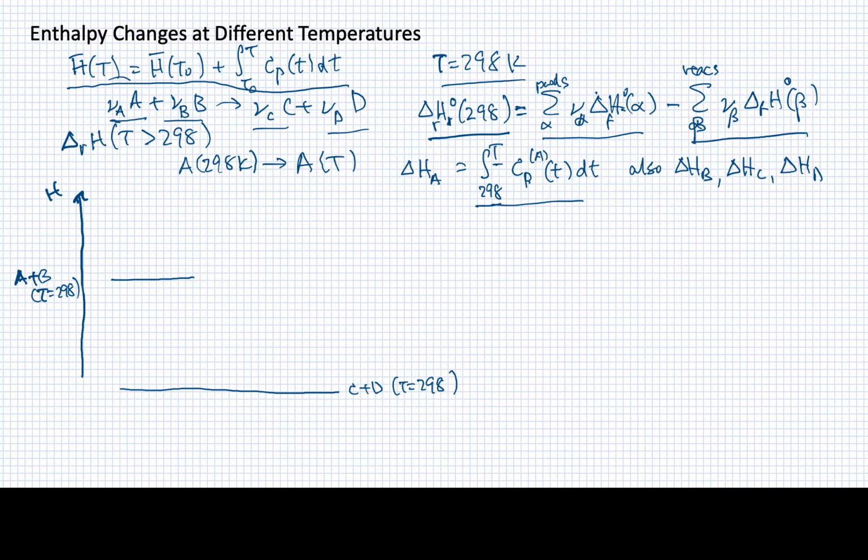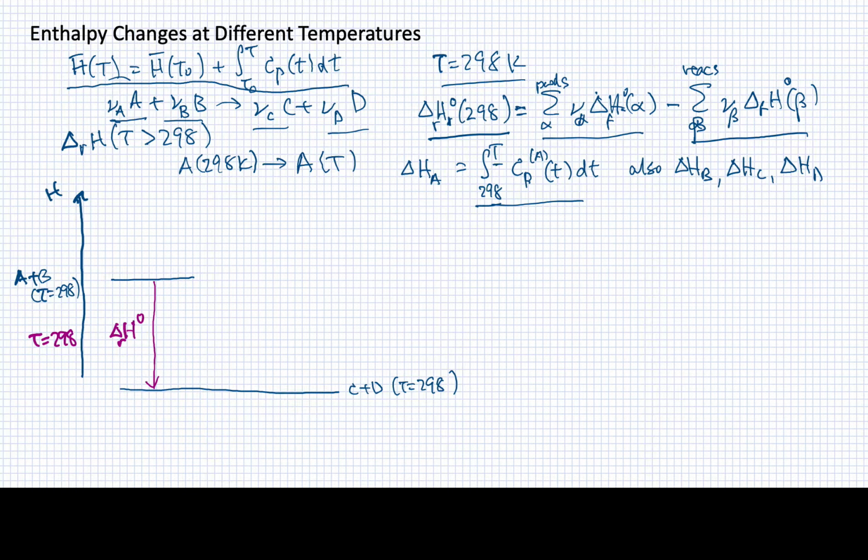So what this means now is that the standard enthalpy change for the reaction is going to simply be this amount. So this is delta R H0, and I'm putting the 0 there to indicate that this is at a temperature of 298. So everything so far I've drawn here is for a temperature of 298.